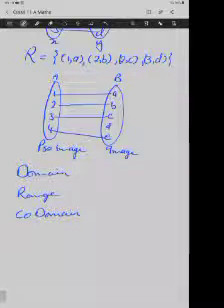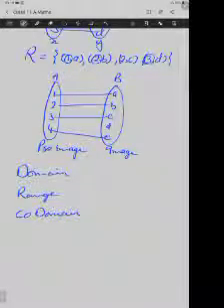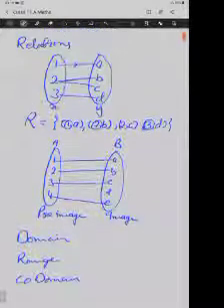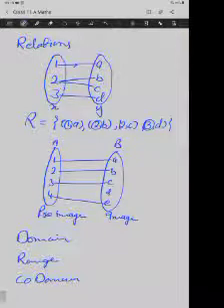If we are writing ordered pairs, like over here, then 1, 2, 3 are the domain. Domain are the elements present in the first set. Domains are the elements in the ordered pairs (x, y) which are in place of x, means pre-images.